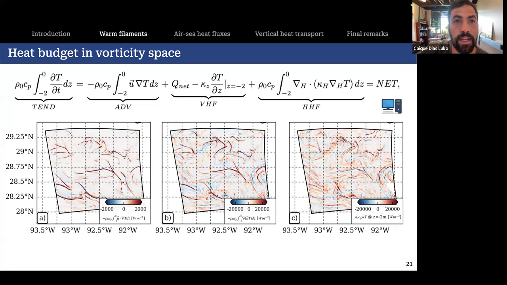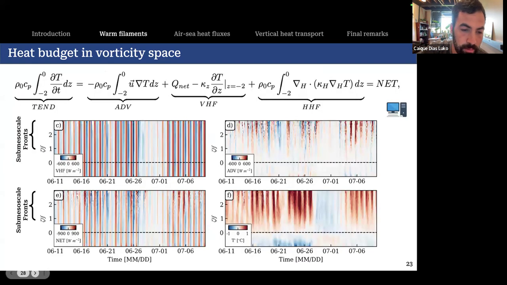Unfortunately, we didn't have the flux terms saved in the simulation, and this was run years ago by previous PhD students, and we couldn't get those. But again, we did compare the net with the tendency, and the trends were really similar. So we think this is representing the process.